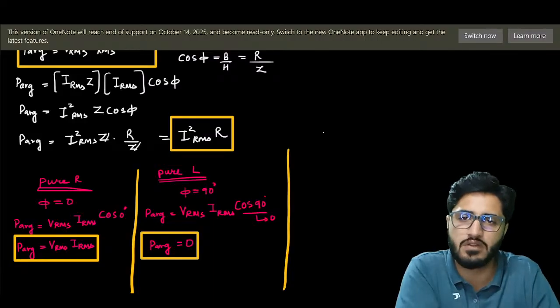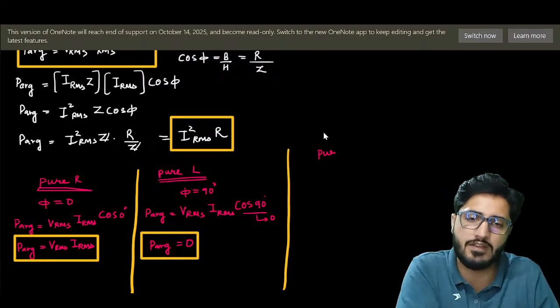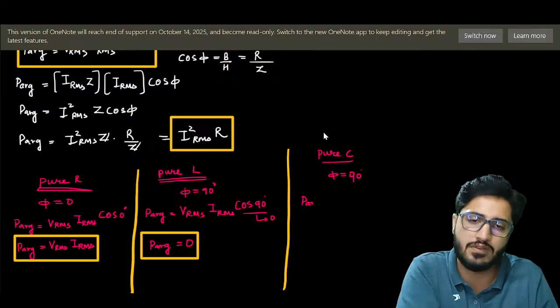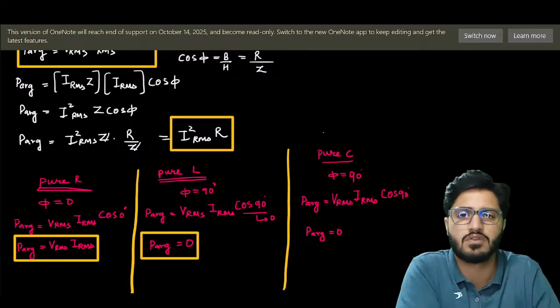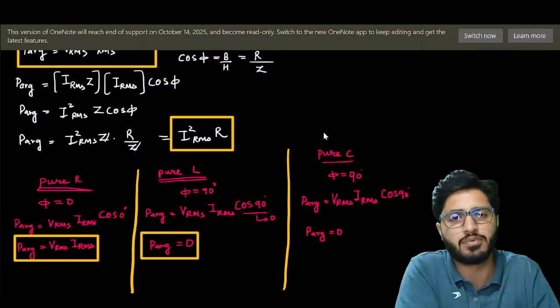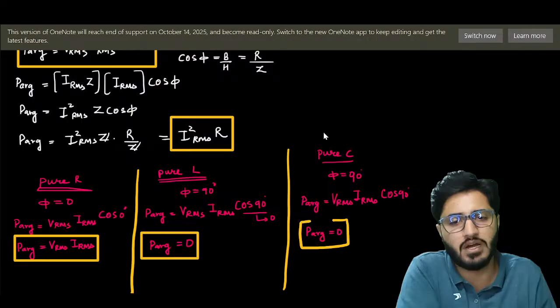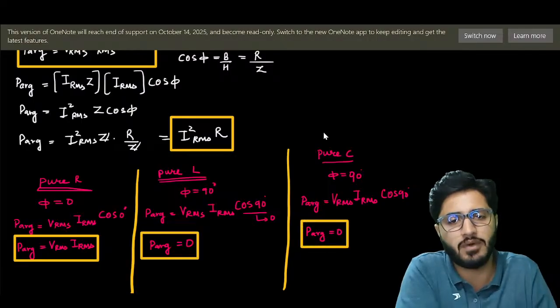The third one, if we are talking about pure C, in pure C also phi equals 90 degree and cos 90 is 0. So I can write P average equals VRMS, IRMS, cos 90, and cos 90 is 0. So my P average equals 0. So it simply implies that there is no power consumption by your capacitor or by your inductor.